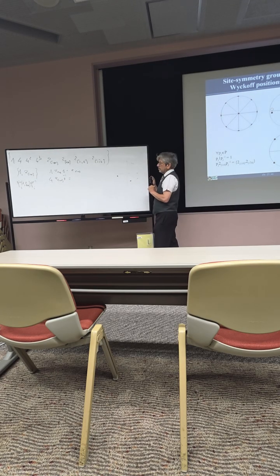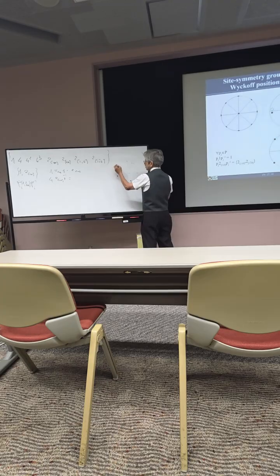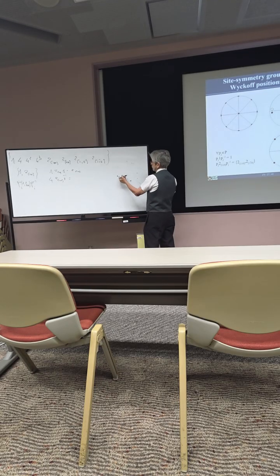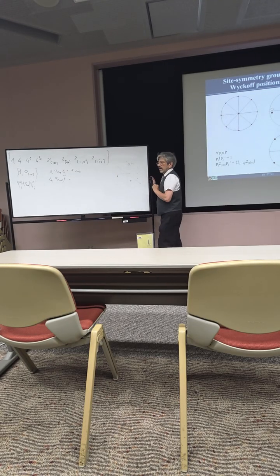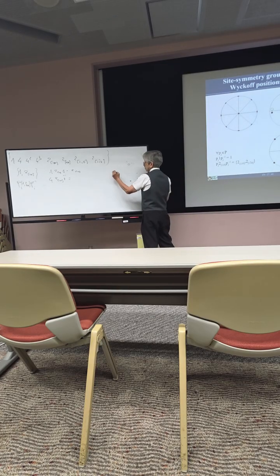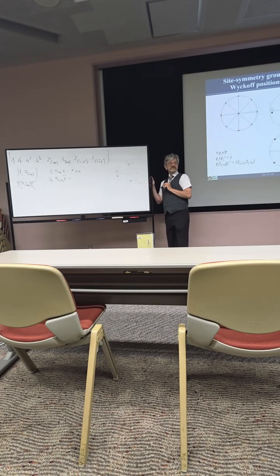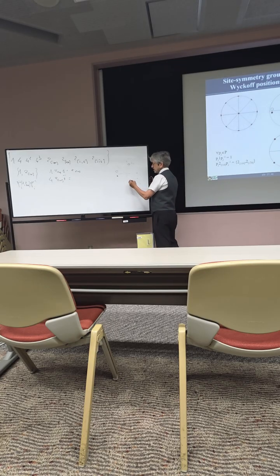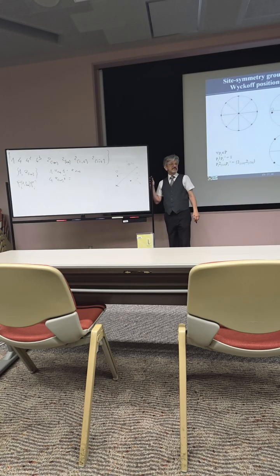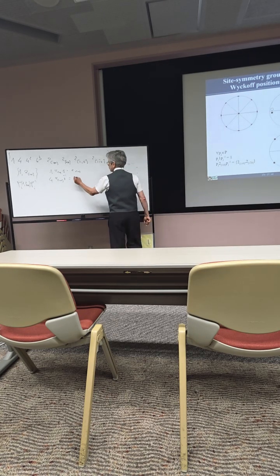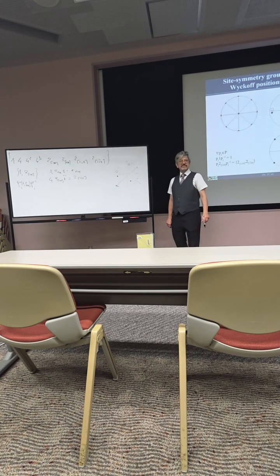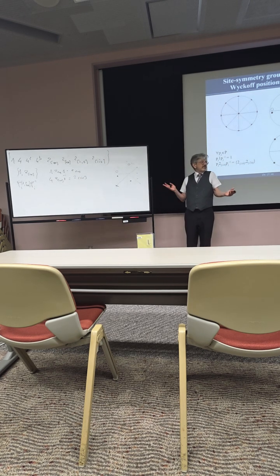Then you apply the 2_1, which is here. So you go here. And then you apply the fourfold rotation here. What is the relation between this and that? So you get 2_1 1 bar 0. Simply apply the conjugation.